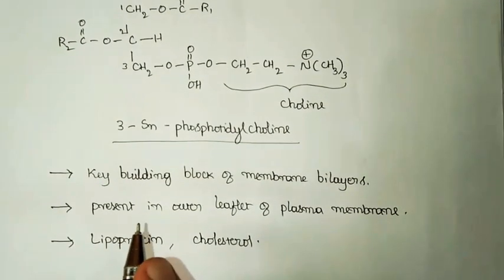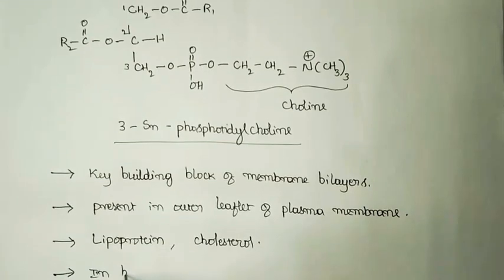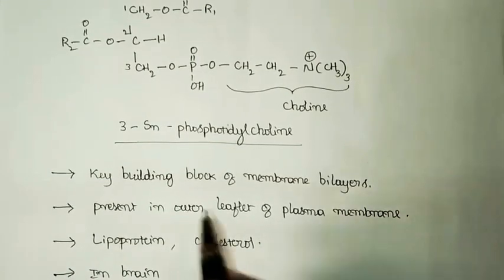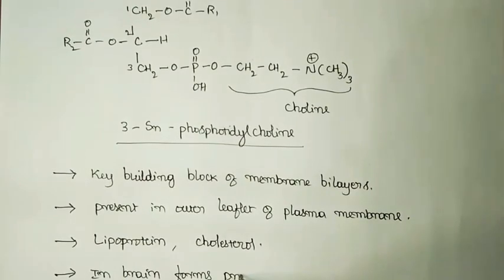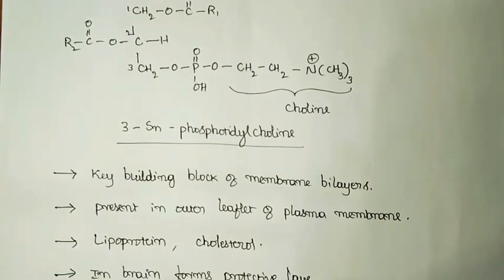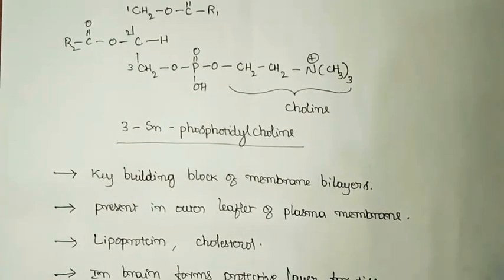And this lecithin is a very important component because in the brain it forms protective layers for tissues. So in this way it gives protection to the brain also.